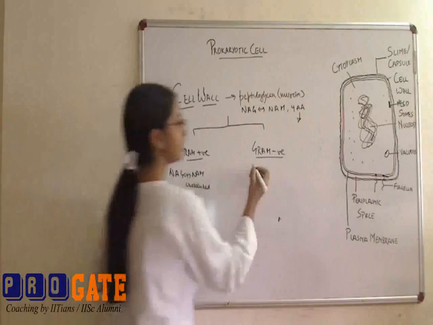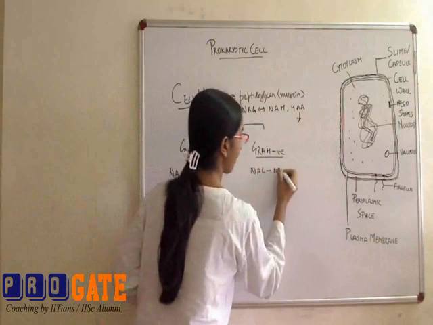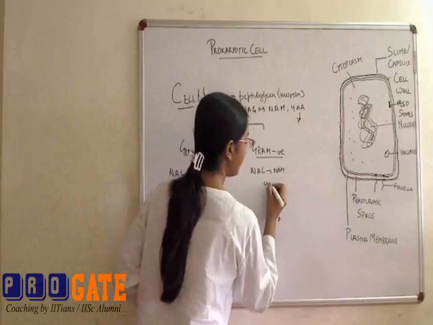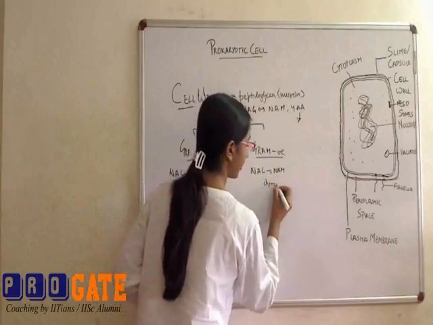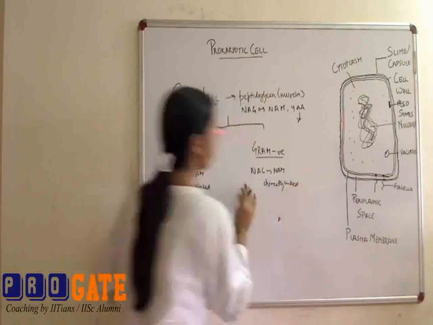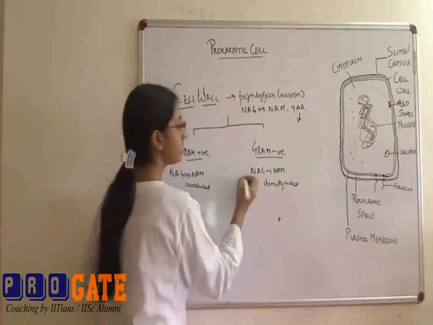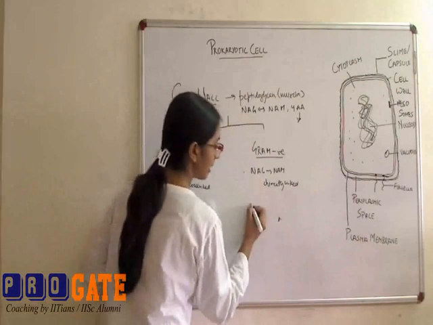In gram-negative bacteria, the NAG and NAM residues are directly linked instead of cross-linked. Overall, the gram-negative bacterial cell wall is actually a very complex one.